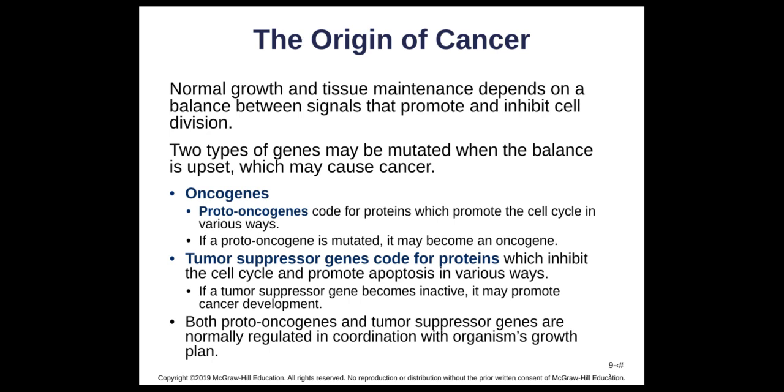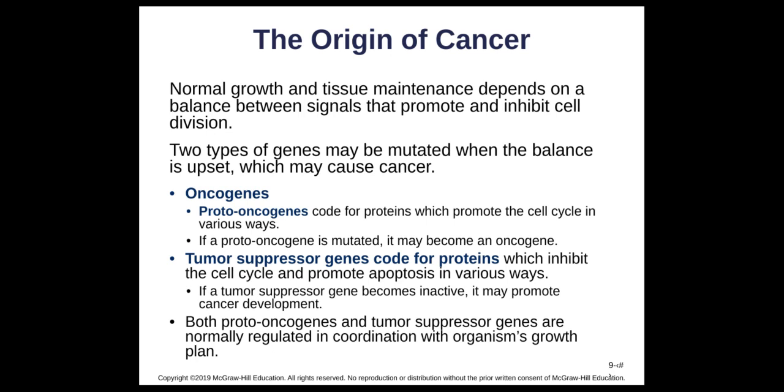But if we look at these two kinds of genes, you can have oncogenes, and there are something called proto-oncogenes, which make proteins that promote the cell cycle. If that proto-oncogene is mutated, it can become an oncogene, and that can cause cancer. There's also tumor suppressor genes, which inhibit the cell cycle and promote apoptosis.